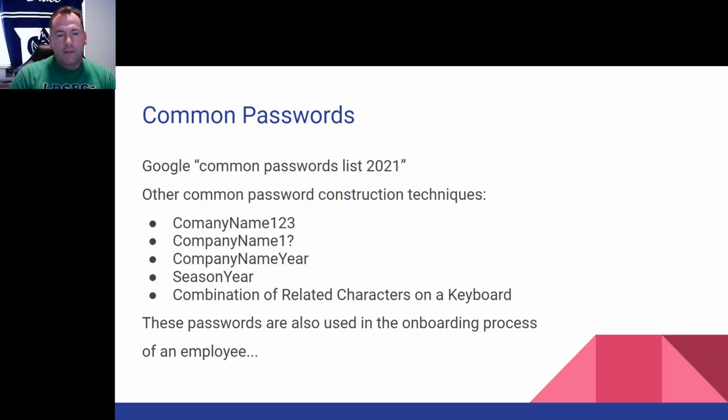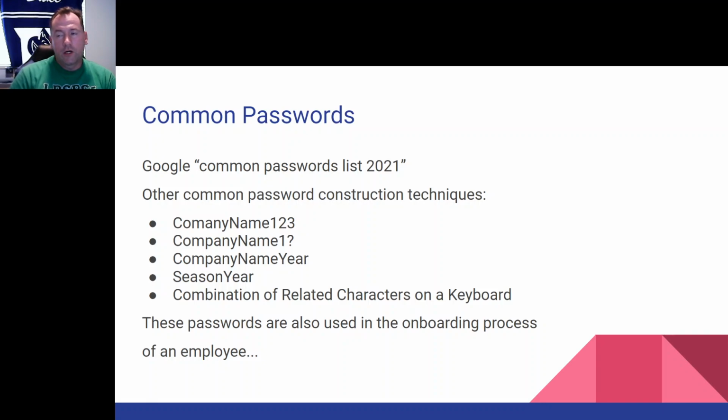The other common thing is people will use a combination of related characters on a keyboard, for example QWERTY, and then they will add a question mark or 123. The other thing they'll do is a waterfall method of 1QAZ, 2WSX, with one of the letters capitalized.